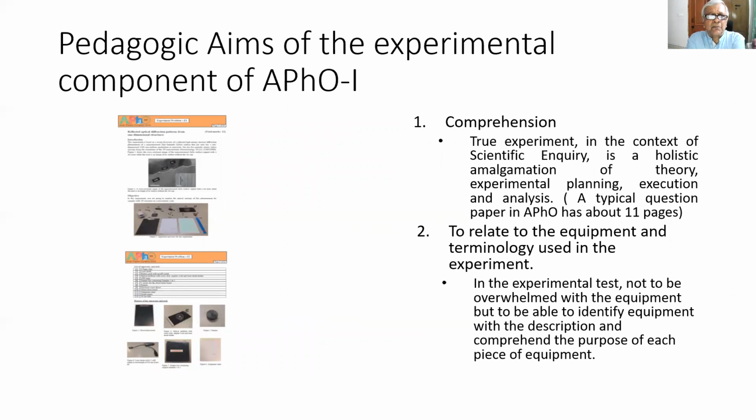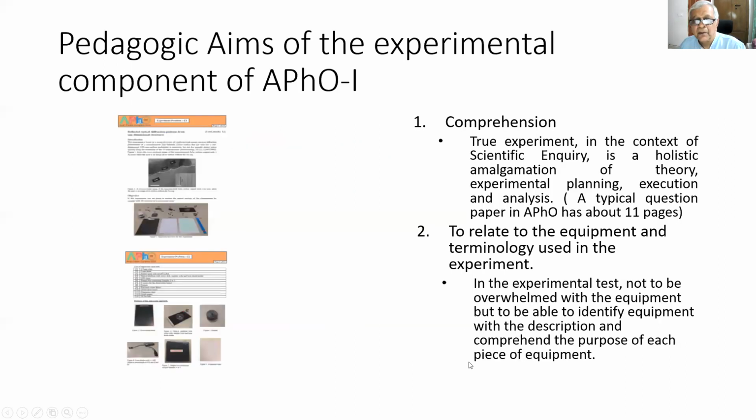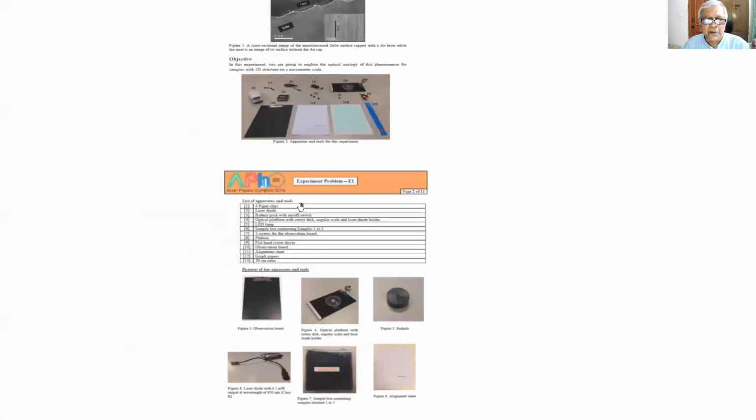Another aim of any experimental component is to relate the equipment and terminology used in the experiment. We can see here again that this part of the question paper tells you exactly what equipment has been supplied, and a photograph of each of these components out here.